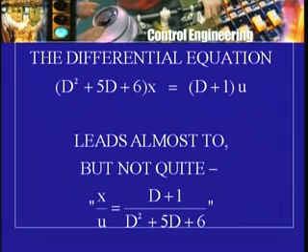Now of course there is a way of getting this which is not really completely justified, and that is to rewrite this equation as x divided by u equal to d plus 1 divided by d squared plus 5d plus 6, in inverted commas. Why?